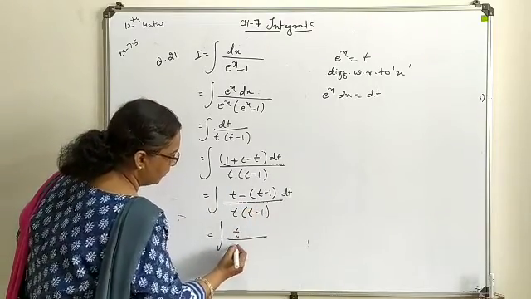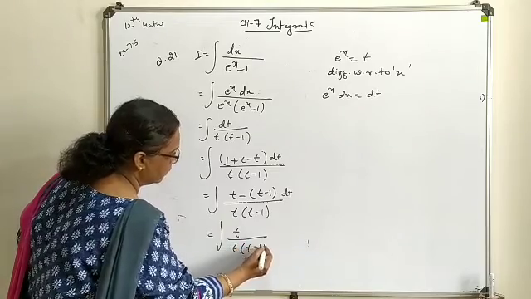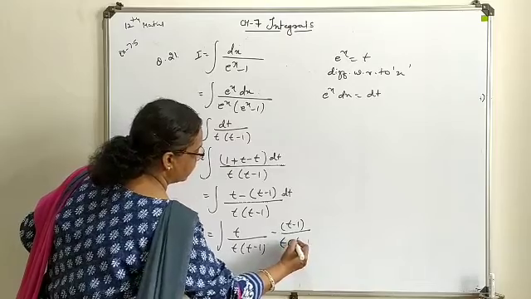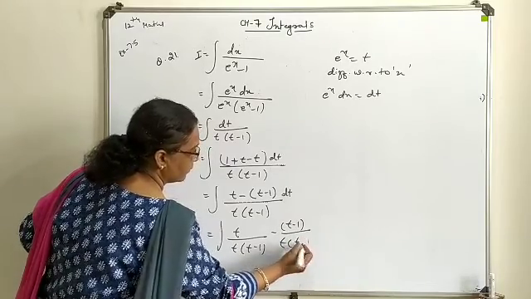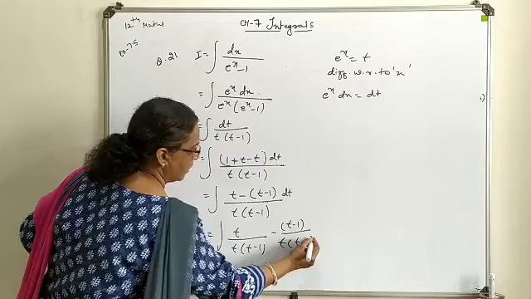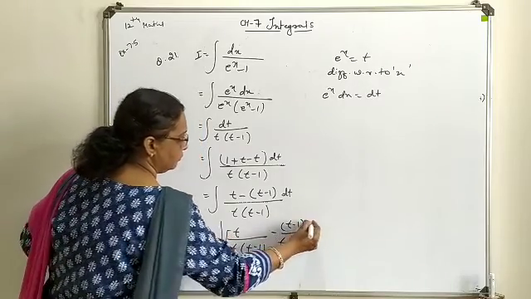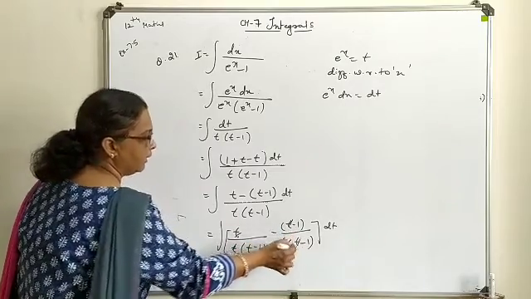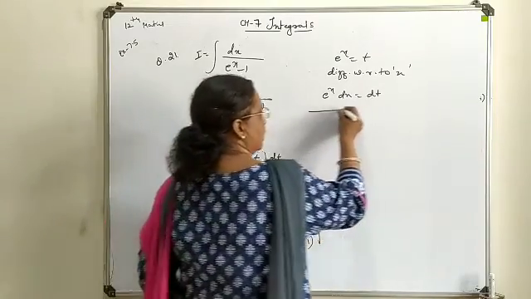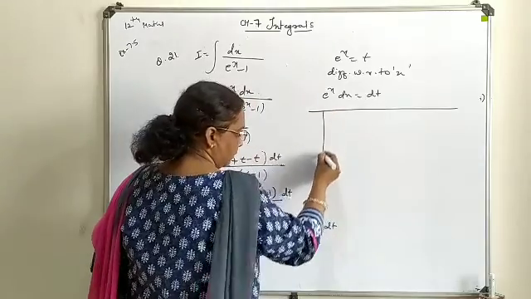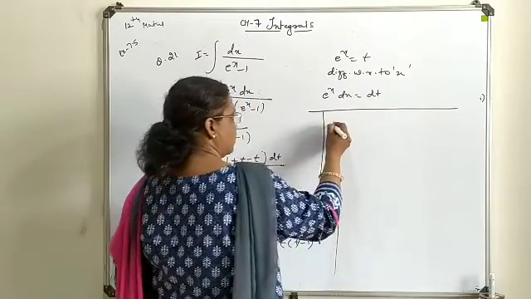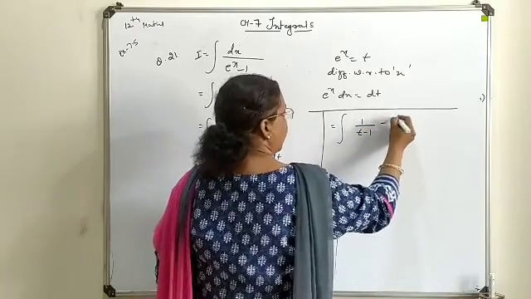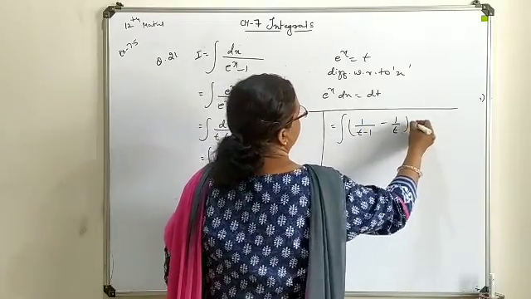Under this t we will put t minus 1, and under this t minus 1 you will put the same combination, that is t into t minus 1. Now 1 term will get cancelled, and you will be left with the remaining form that is available for direct integration: 1 upon t minus 1 minus 1 upon t, dt.